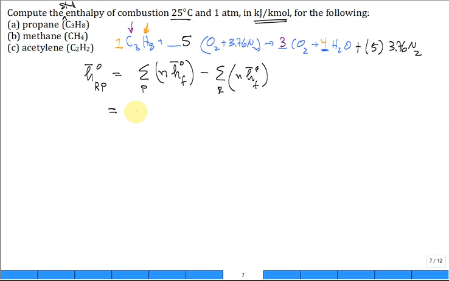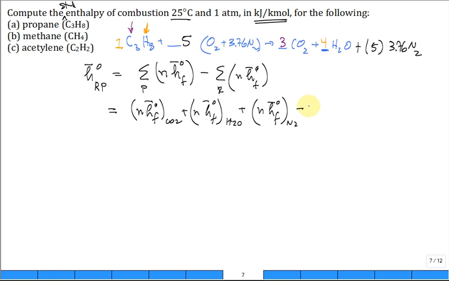It'll be, for the products, 3 times the h bar naught f for the CO2 plus 4 times h bar naught f for the H2O plus N times the enthalpy of formation of the N2, minus the enthalpy of formation for the fuel, minus N times the enthalpy of formation for the oxygen and minus N times the enthalpy of formation for the nitrogen.